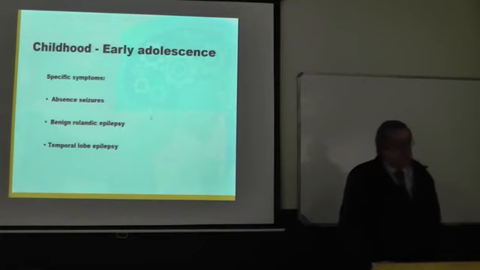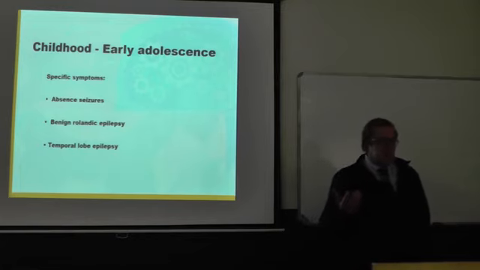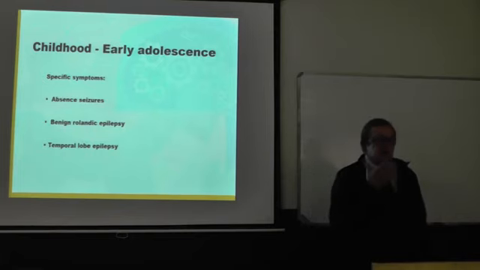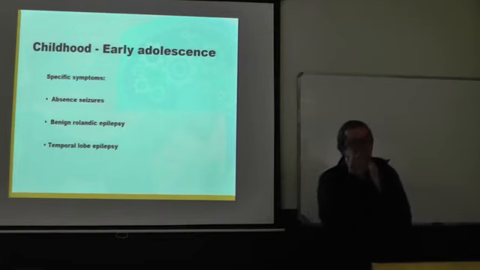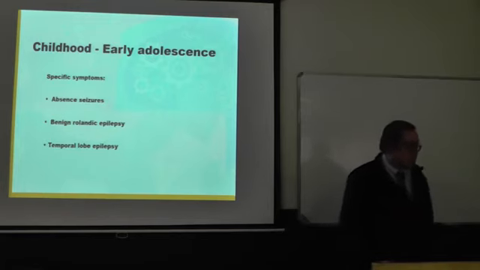Benign Rolandic epilepsy that I told you about, the children often typically present by having seizures at night. They would wake up, they would make a sound, the parents would see that the child has got movement first around the mouth, they seem unable to speak, they seem upset, and then they go on into a focal seizure which sometimes becomes generalized.